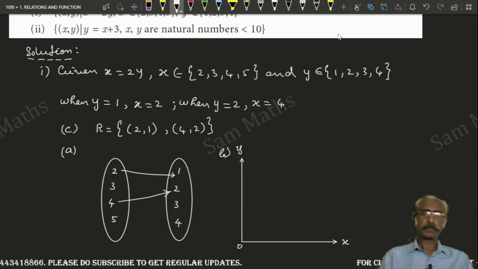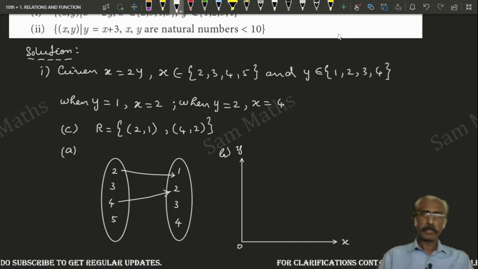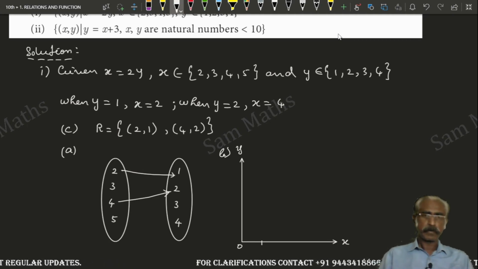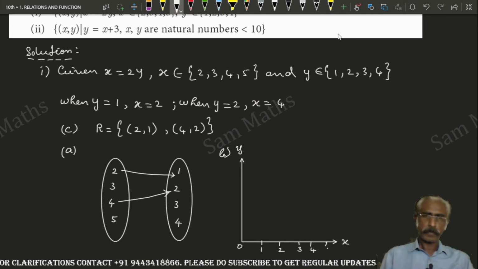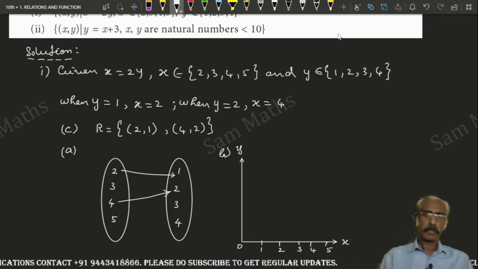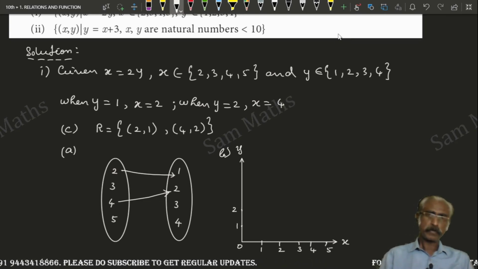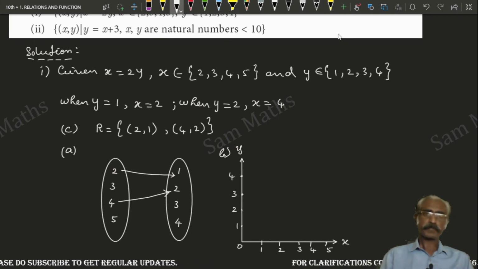Let it be the origin. So we are assuming that on the x-axis, the numbers are 1, 2, 3, 4, 5. Here I am taking 1, 2, 3, 4.